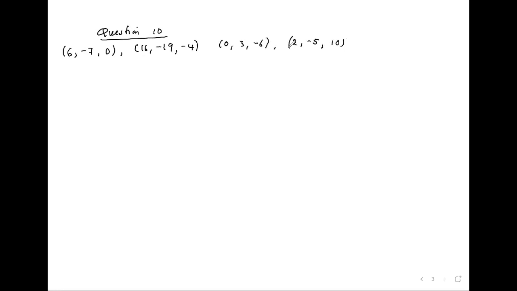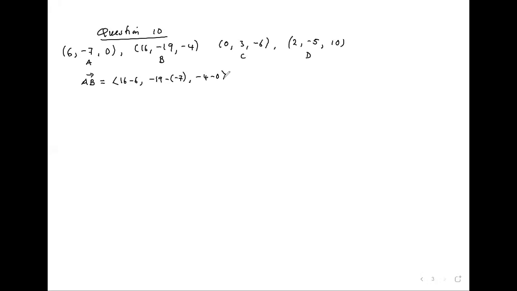So to show that these points lie on the same plane, suppose we call the points A, B, C, D. You form vectors along these points. So start with vector AB, that is 16 minus 6, negative 19 minus negative 7, and negative 4 minus 0.